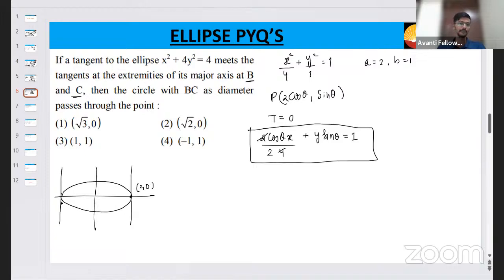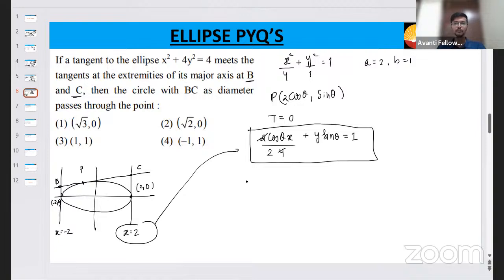This point is minus 2 comma 0. So suppose here at point P a tangent is drawn, and this tangent meets the tangents at the extremities of the major axis at point B and point C. So we need the points of intersection. So let us solve. This line's equation is x equals 2. This line's equation is x equals minus 2. So put x equals 2 and minus 2 here.